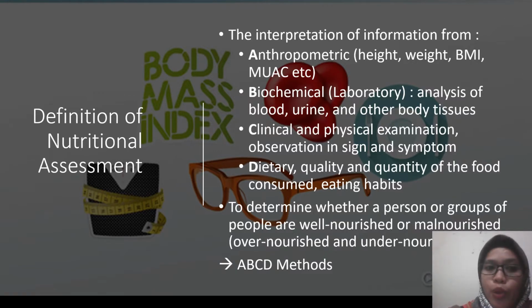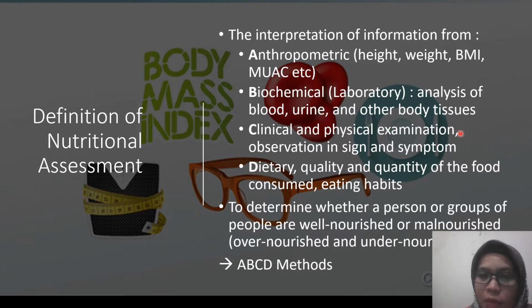Okay, now, what is the definition of nutritional assessment? Nutritional assessment can be defined as the interpretation of information from anthropometric, like height, weight, BMI, mid-upper arm circumference, and biochemical or laboratory analysis of blood, urine, and other body tissue.